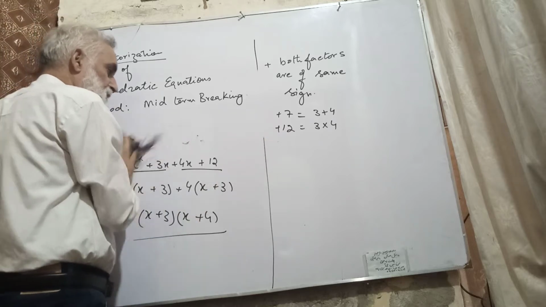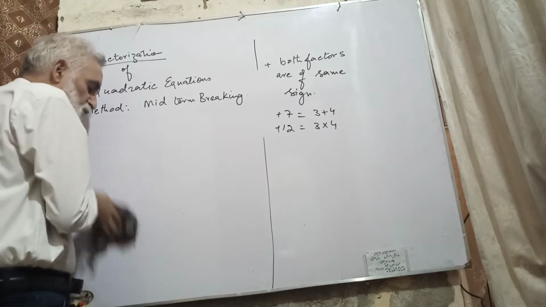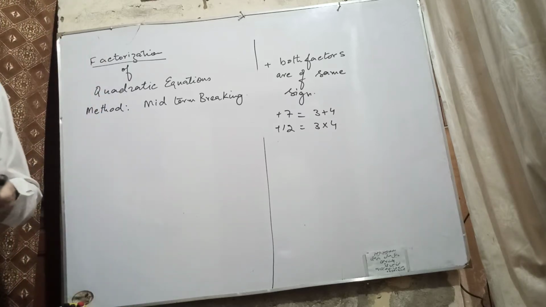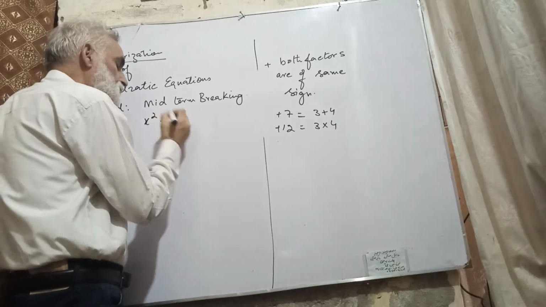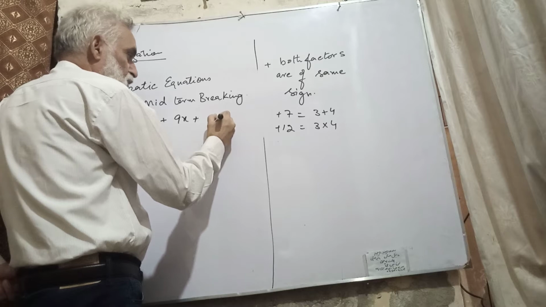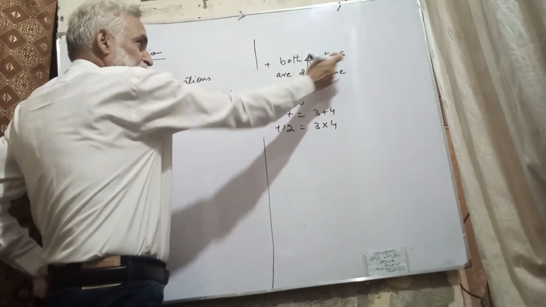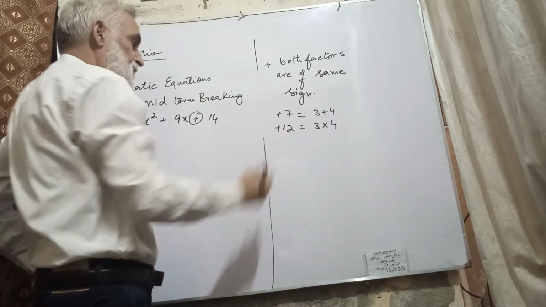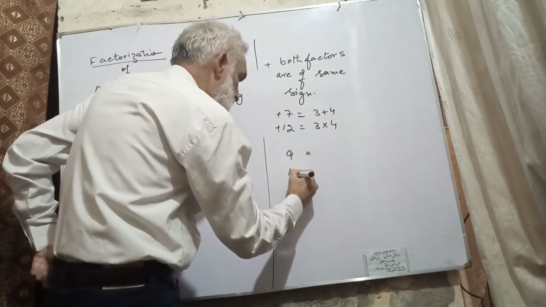Now let's take one more question of this type, and then we will go for the next type. So x squared plus 9x plus 14. Now see, this is the plus sign. It means both factors are of the same sign. See, we have 9 and we have 14.